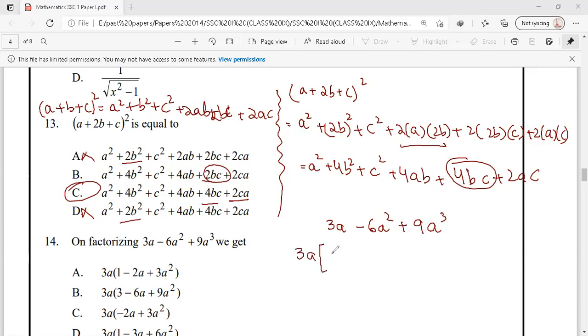So in the bracket, we will have 1 minus 2a plus 3a square. सो ये हमारे पास जो है वो रिमेनिंग बच जाएगा 3a कॉमन लेने के बाद. So let's see what we have in the correct answer. So option A is the correct answer, 3a into 1 minus 2a plus 3a square.